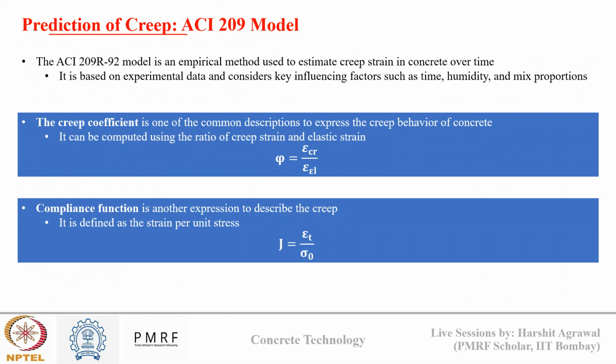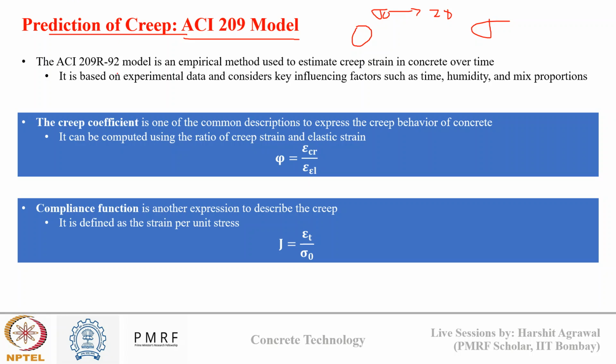For this we have the ACI 219 model. By prediction we mean estimation of creep in the future. If we are applying this much load for these many years, what will the creep be after, suppose, 28 or 30 years? That is known as prediction of creep.